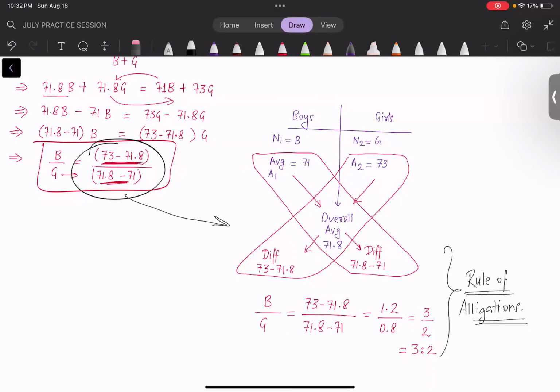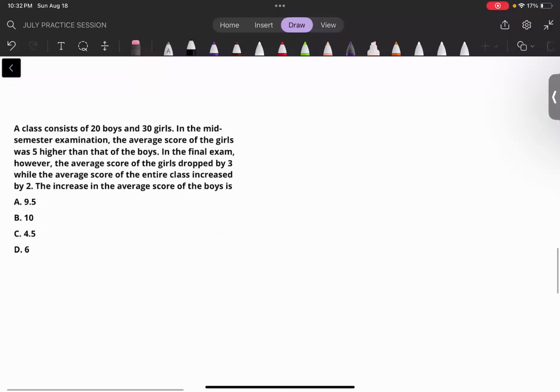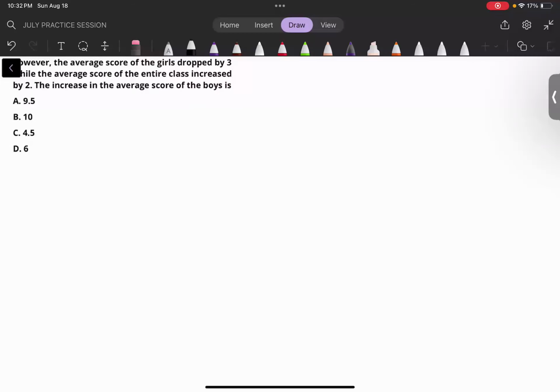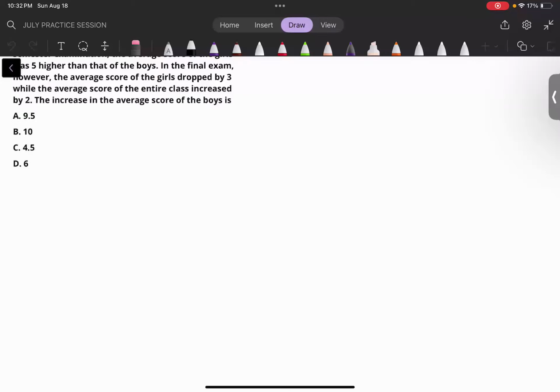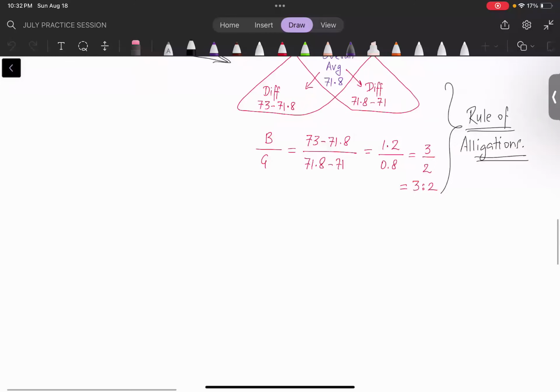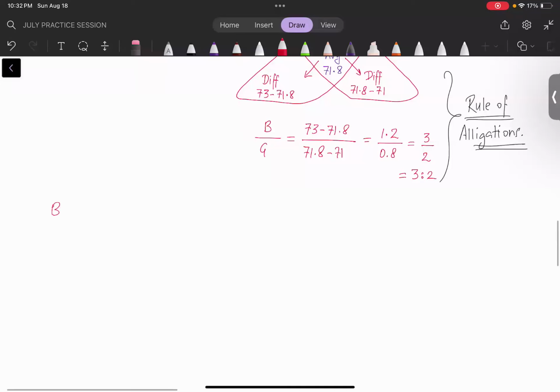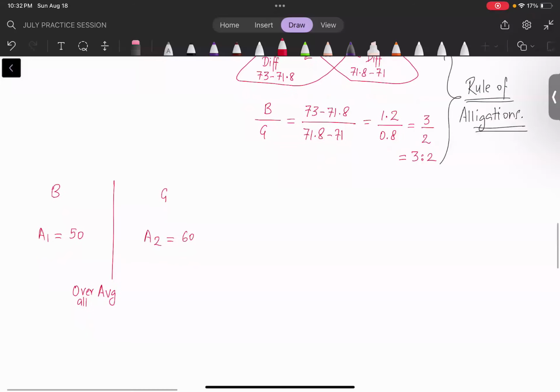Okay. Now, let's practice something a little bit. Suppose the weighted average, the overall average, is the same.